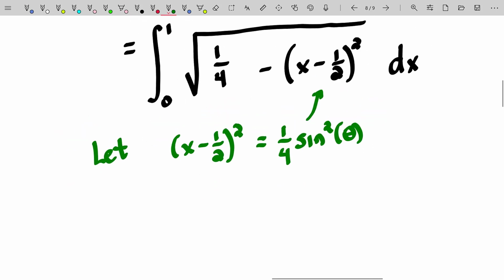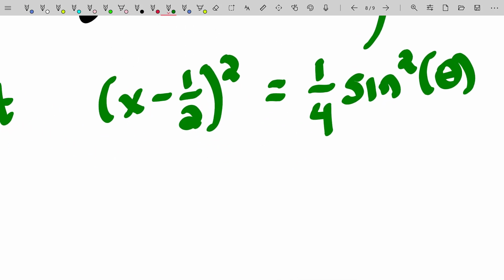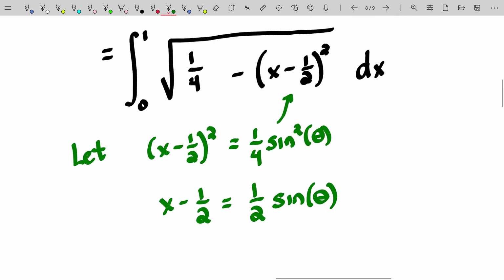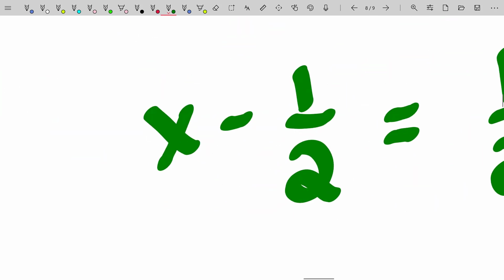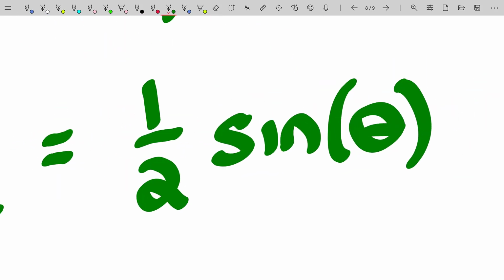Before I go through and do the substitution, I do want to make some mentions here. First of all, my real substitution is not this, it's actually the square root of both sides of this. A lot of people get a little bit confused when I just take the square root of both sides and I don't have a plus or a minus. The reason why I don't have a plus or minus is that my true substitution is actually that x minus 1/2 is going to be traded out for a 1/2 sine of theta.